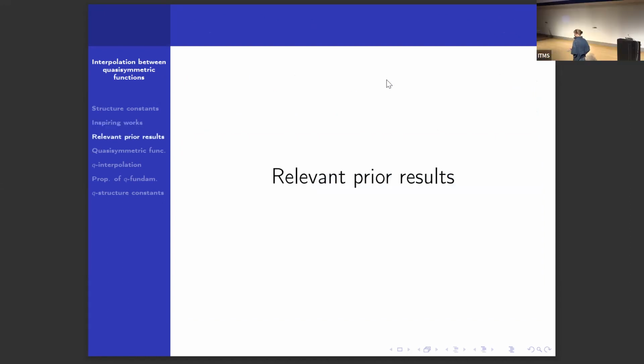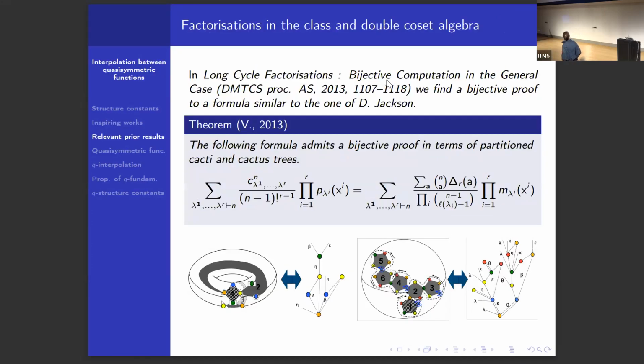As I told, many of my works have been influenced by these papers. So I will give a sample of these works. First, I developed a bijection between cacti, or basically speaking, the decomposition of orientable surfaces into polygons from one side, and some decorated cactus trees from the other side.